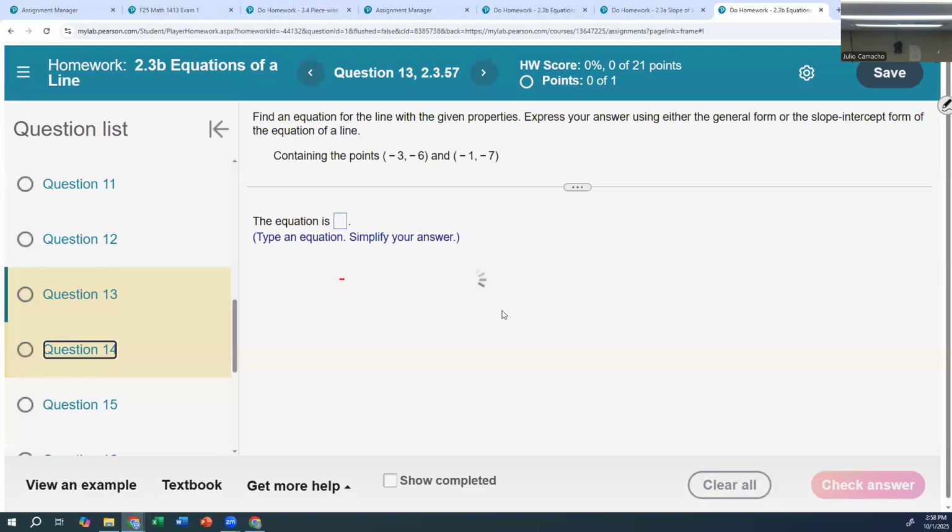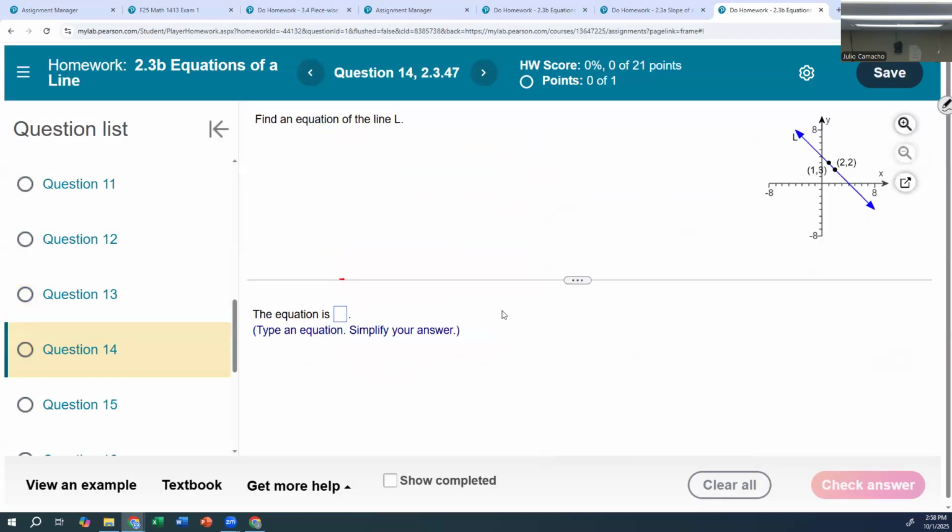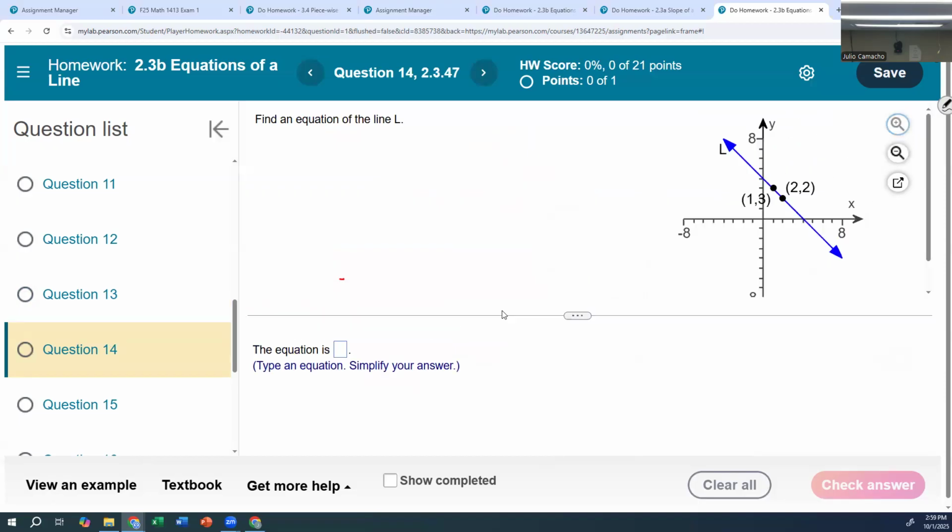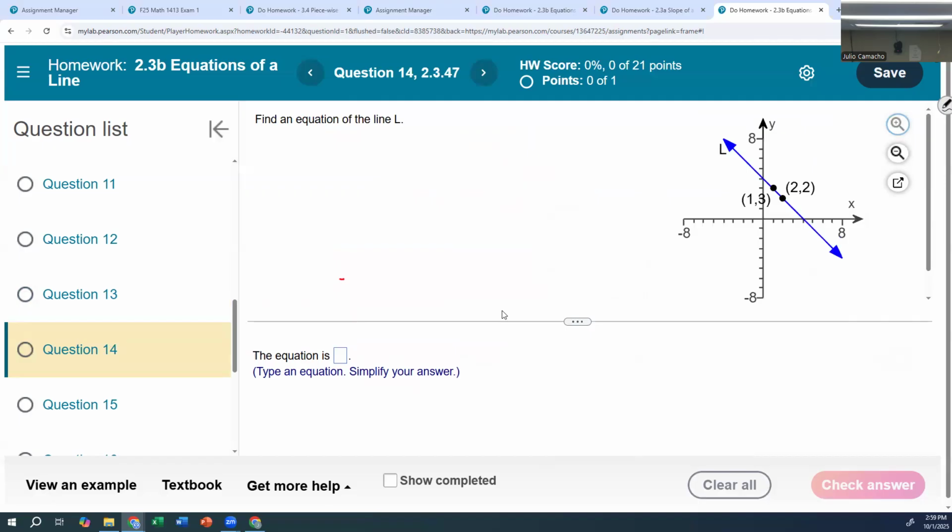Question 14. Find the equation of the line, and they are giving you 2 points. So you have 2 points here. The first one is 1,3, and my second point is 2,2.